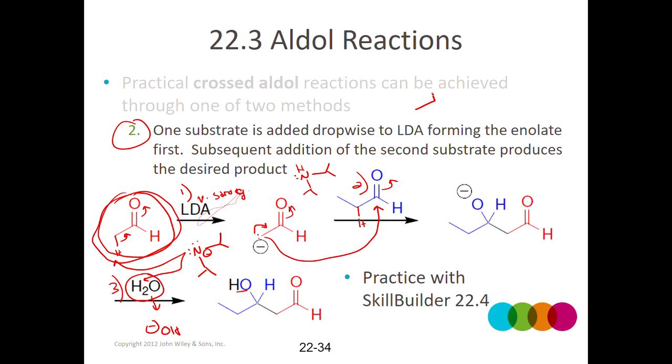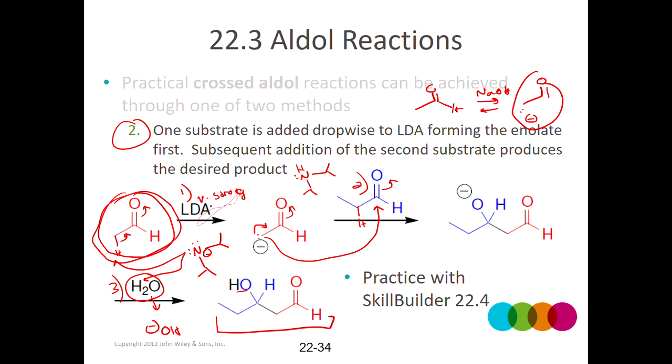So if I were to use this substance here with NaOH, since it would form an equilibrium enolate, only some of that compound would be converted into enolate and it would start attacking other molecules of the same compound. That's not what I want. I specifically want this enolate to attack this compound because this is a product I'm trying to make for some reason.